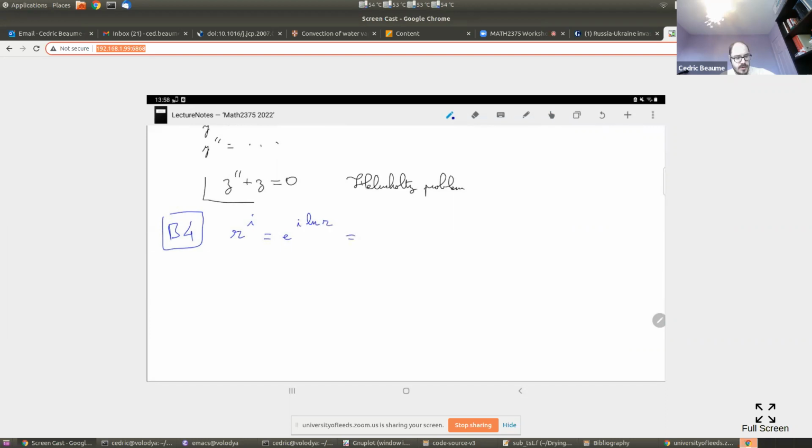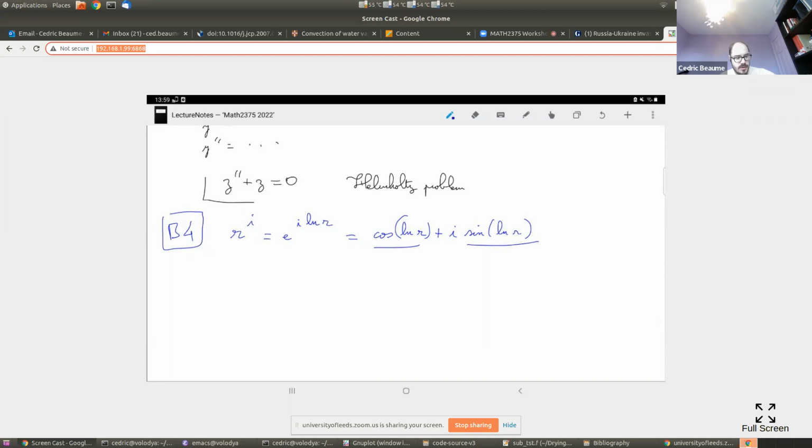So if you want to split the real and the imaginary parts of this, you write that this is cos of log of x plus i sine of log of x. You get here the real part, and this is the imaginary part. So that's just a little trick there is to it. And you end up with this Frobenius series, which is complex.